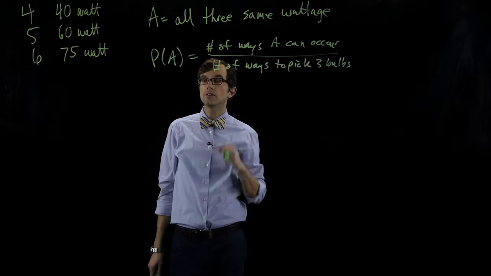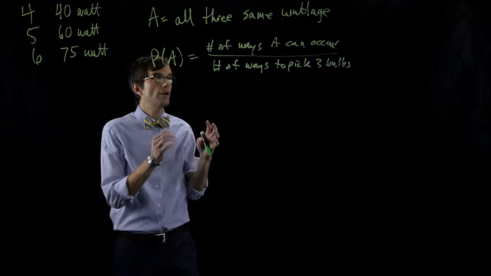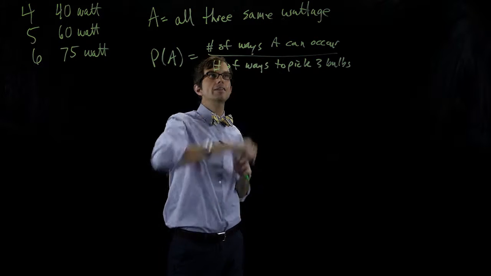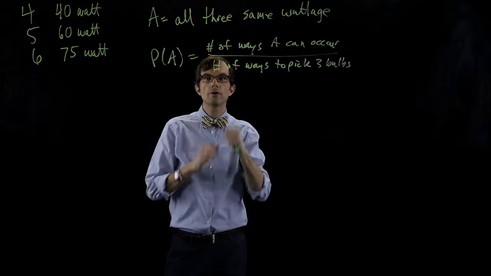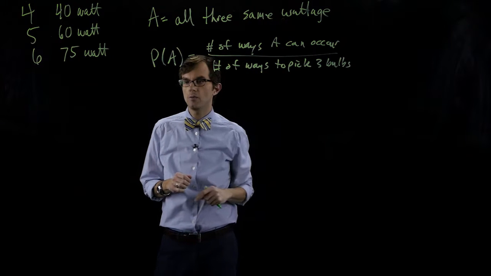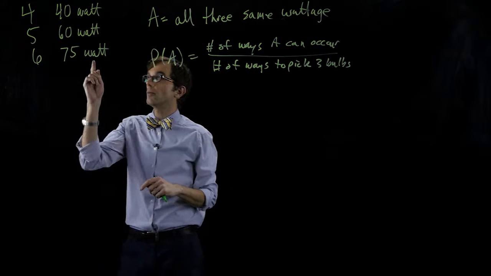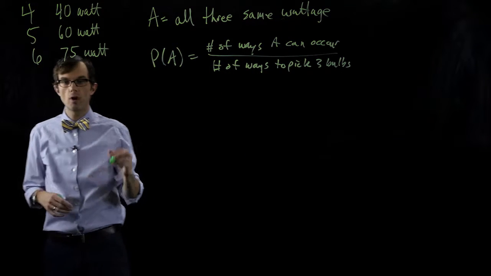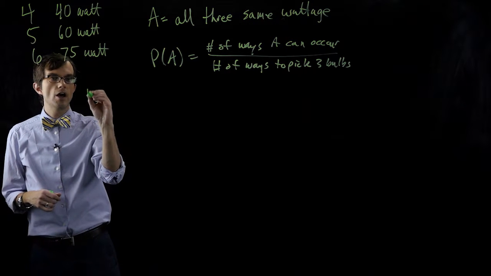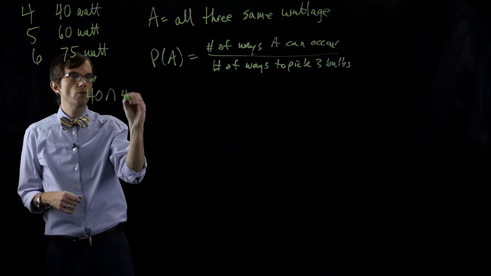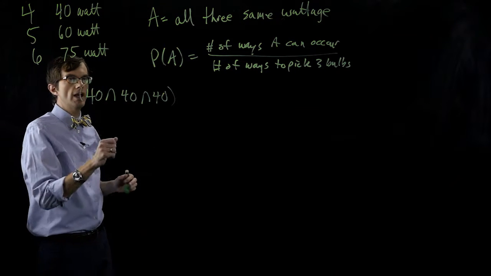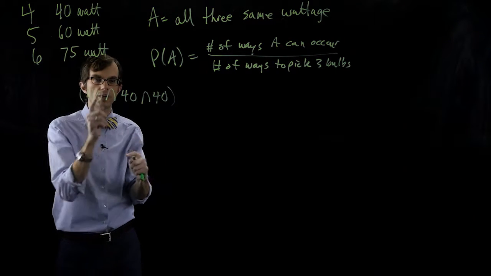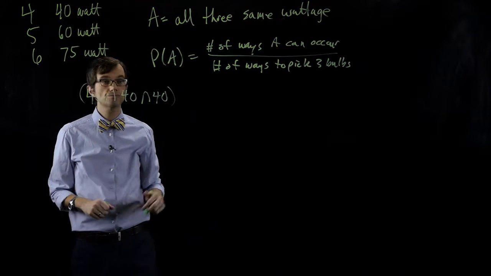So let's think about the numerator. How many ways can the event A occur? How many ways can we pick 3 at random and they all have the same wattage? Well, they could all be 40 watts. That is 40 and 40 and 40.